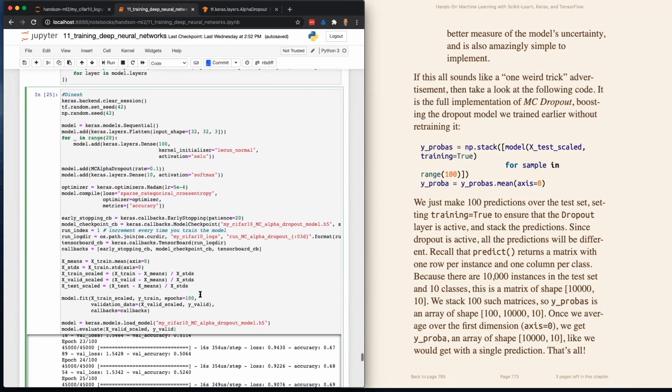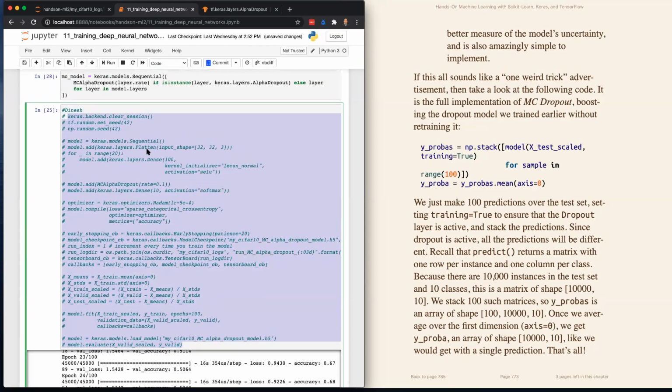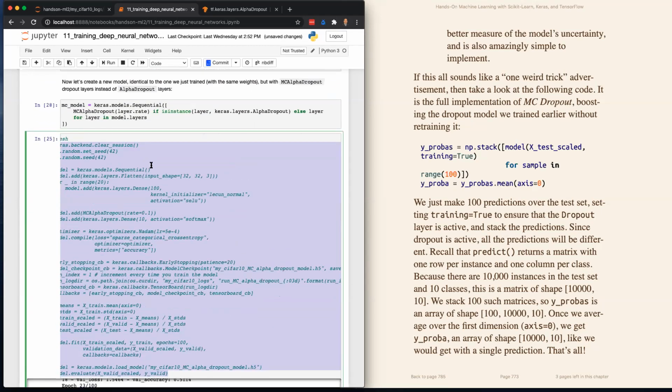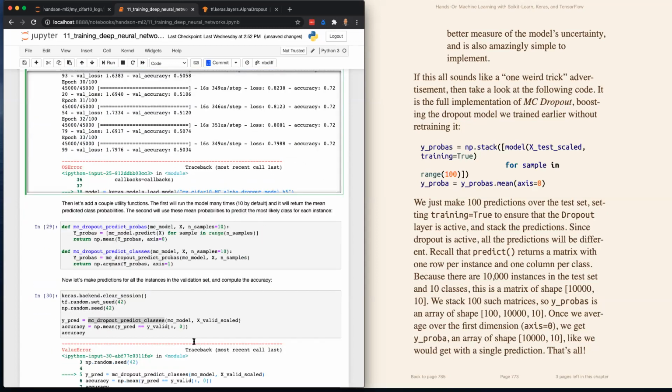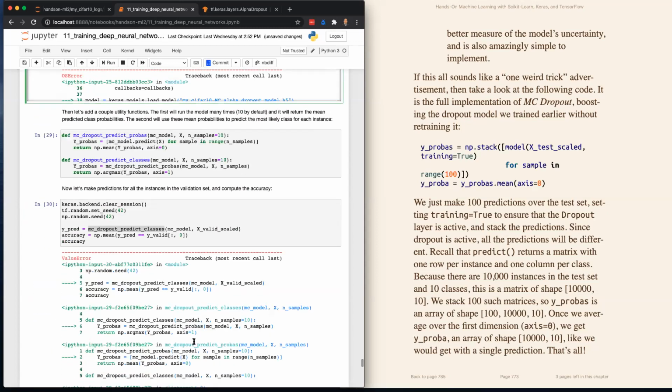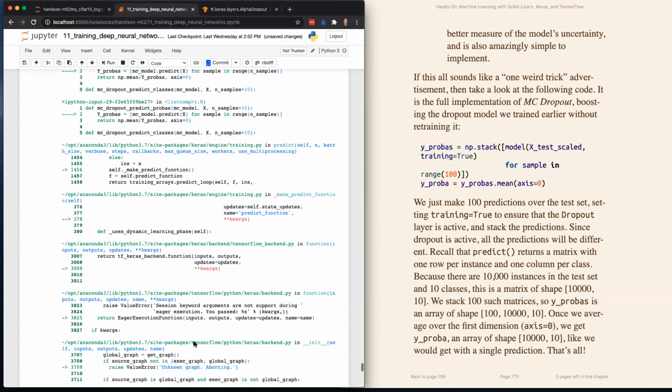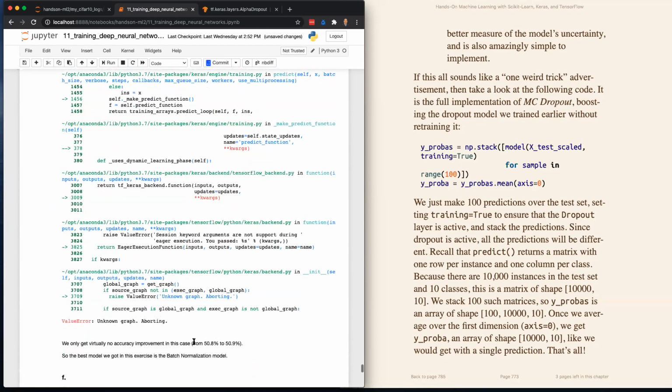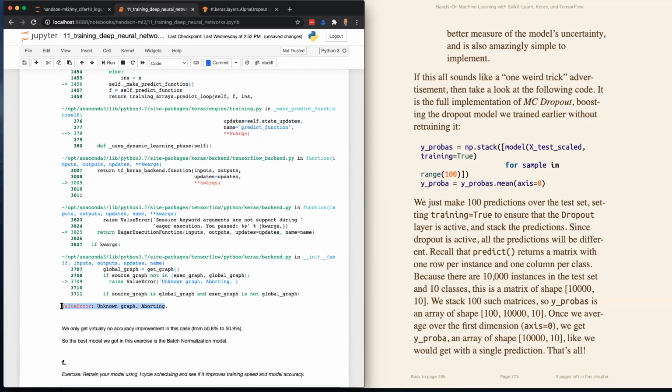Like this part, just ignore it for the time being, because I thought I needed to train, but it didn't work. So something is wrong in here, which I need to figure out. I'm curious, I think it worked for you. Yeah, it worked for me. It worked for you. Yeah.